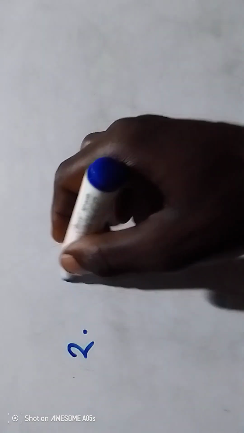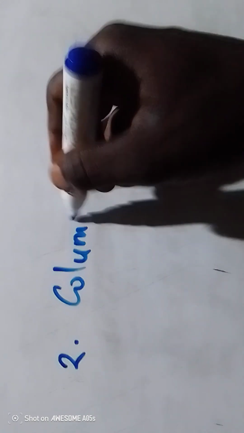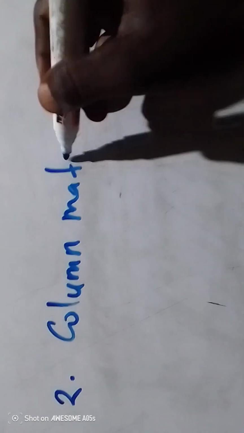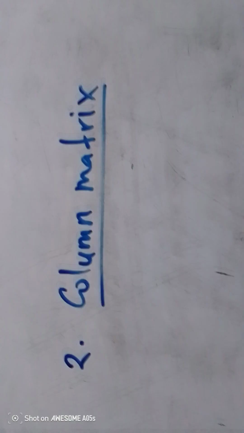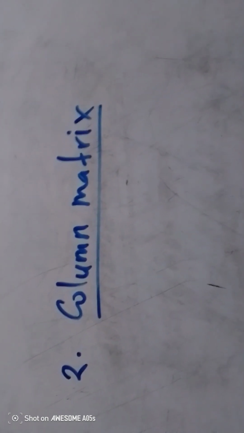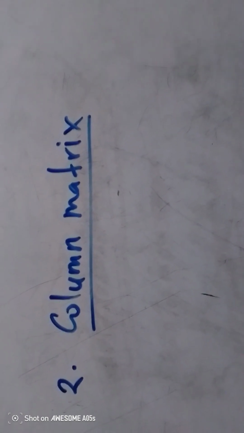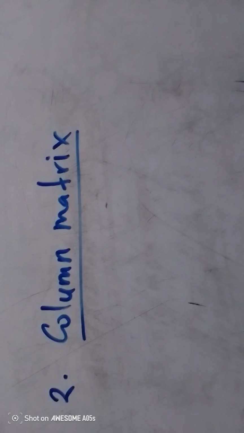Okay, the next type of matrix we have got, which is number 2, we are calling it a column matrix. A column matrix is a matrix having only one column but a variety number of rows.